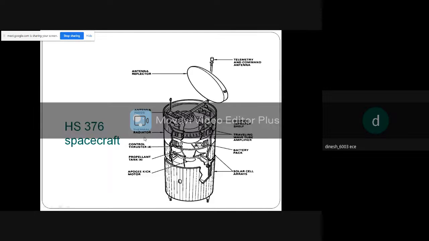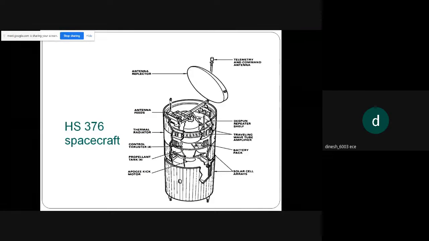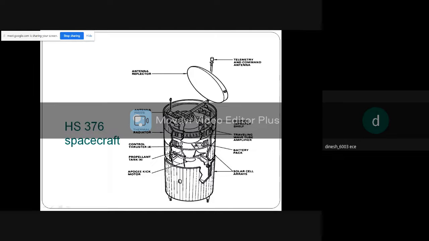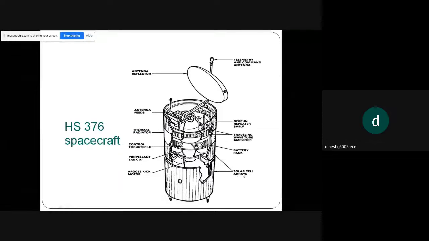We have a thermal radiator which is used to control the excess power radiation. We have control thrusters, a battery pack, a propellant, the apogee kick motor, and solar cell arrays.